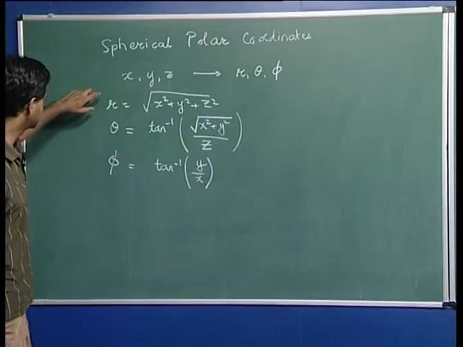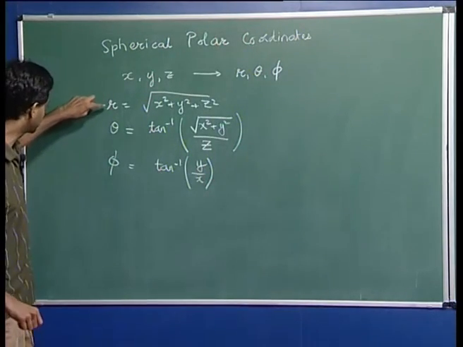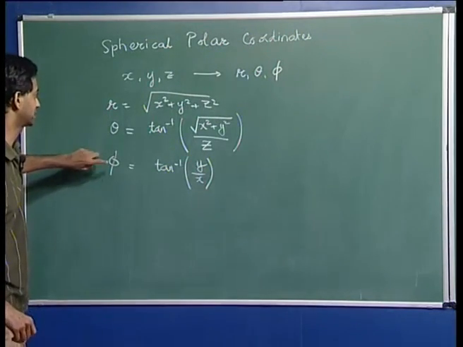So, this is the way you write r, theta and phi in terms of x, y, z.